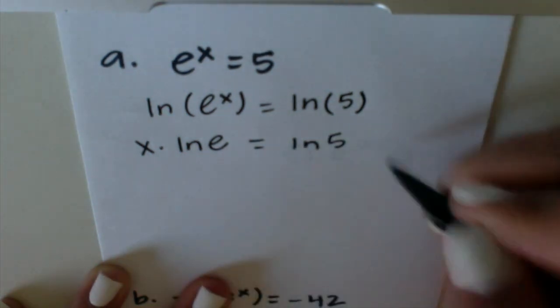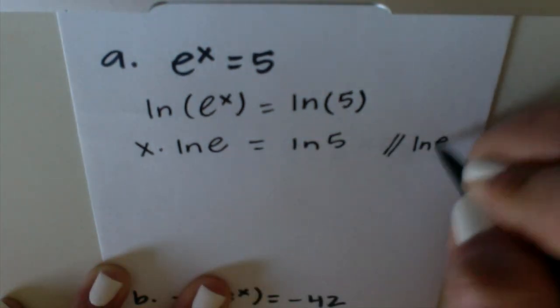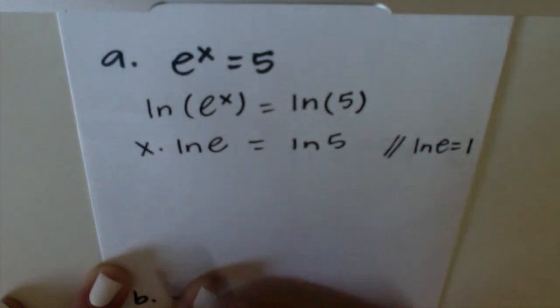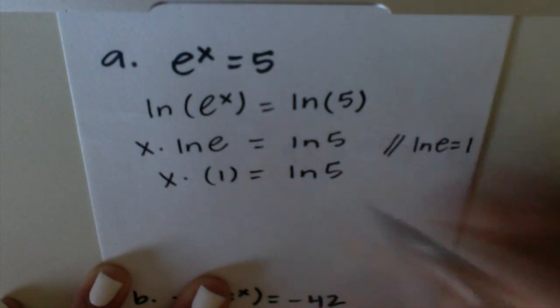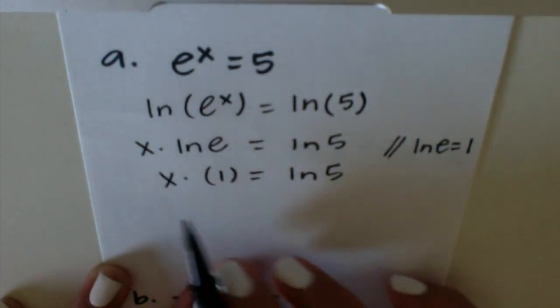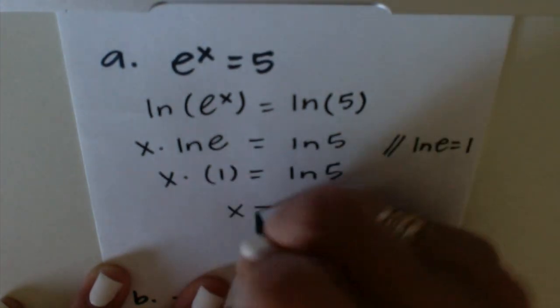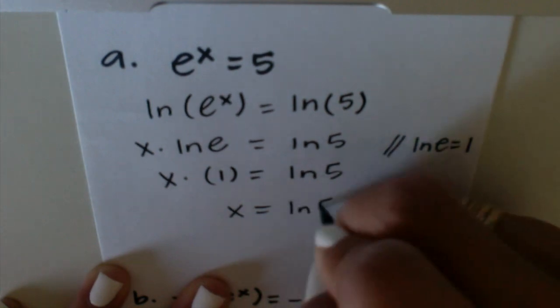And we know that natural log of e is equal to 1. So you have x times 1 equals natural log of 5. And then obviously x times 1 is just x. So you get x equals the natural log of 5.